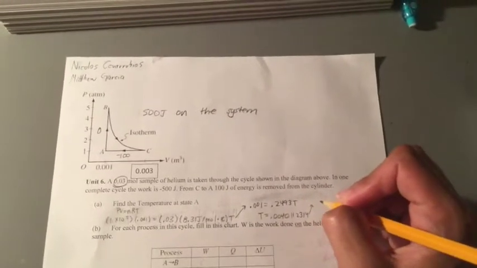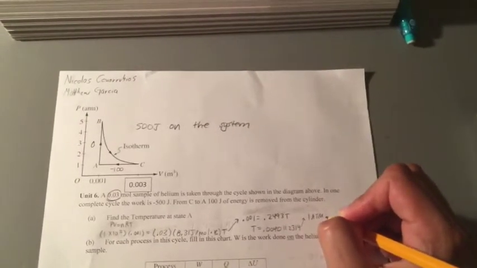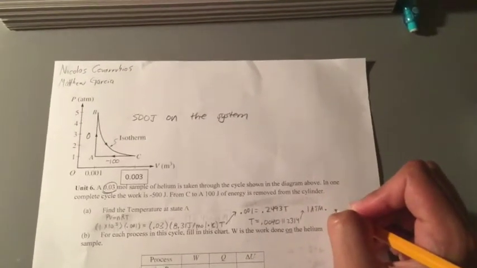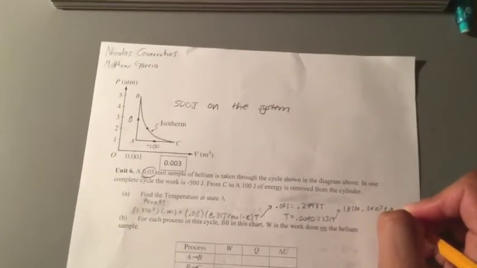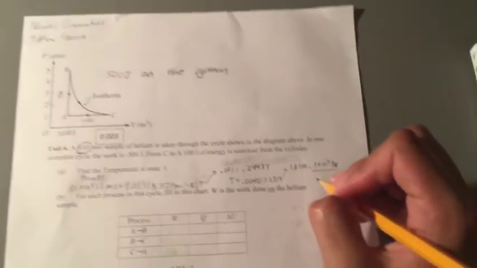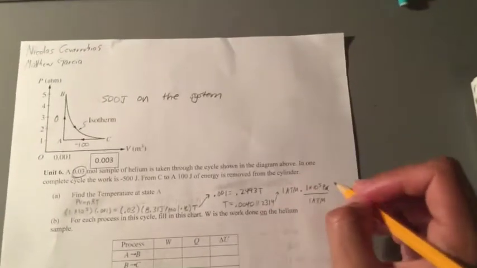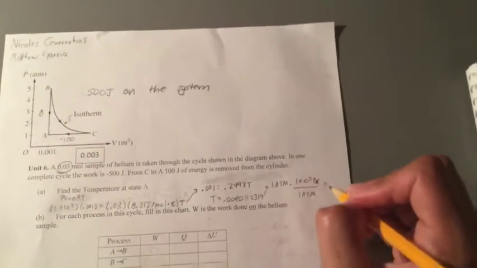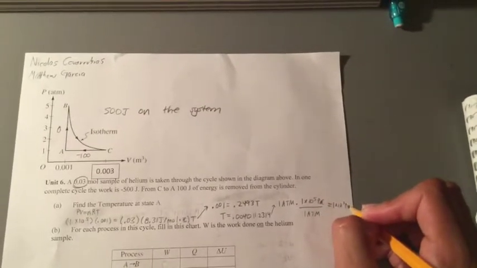So we're gonna go back up here. So 1 ATM times 1 times 10 to the 5th pascals over 1 ATM equals 1 times 10 to the 5th pascals.